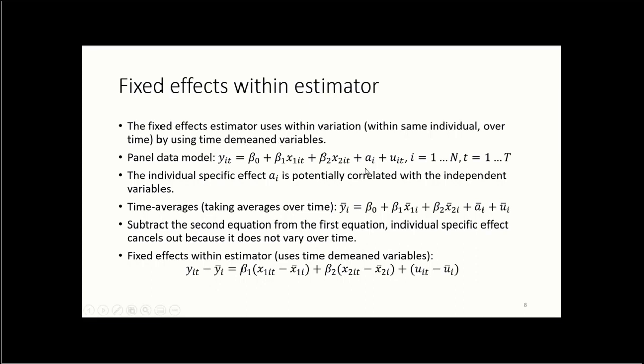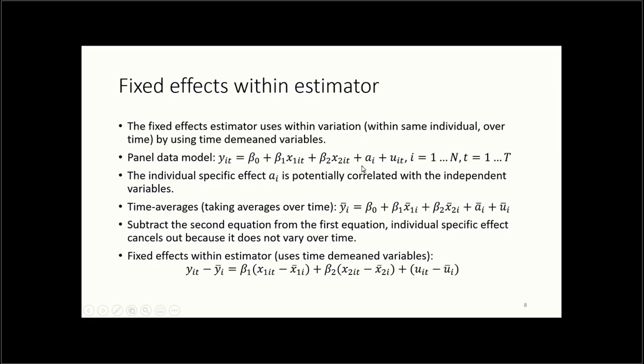Well, if we cannot observe it, it cannot be included in the model, but such individual specific effect may be correlated with the independent variable, say education, because more able people are more likely to have higher education.